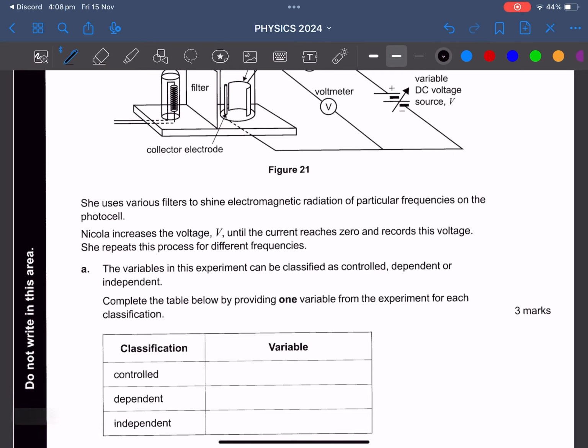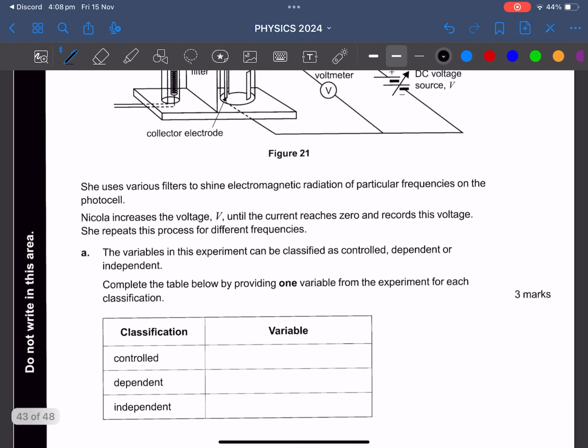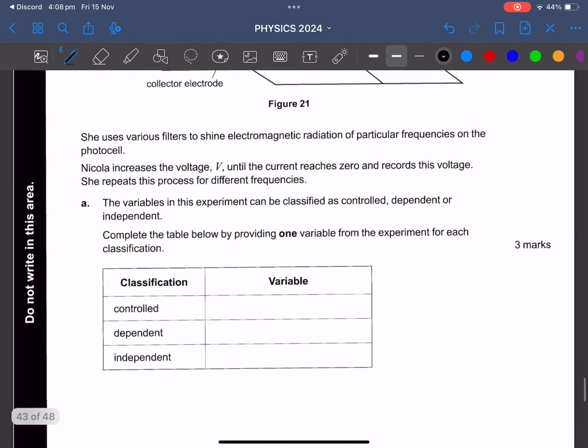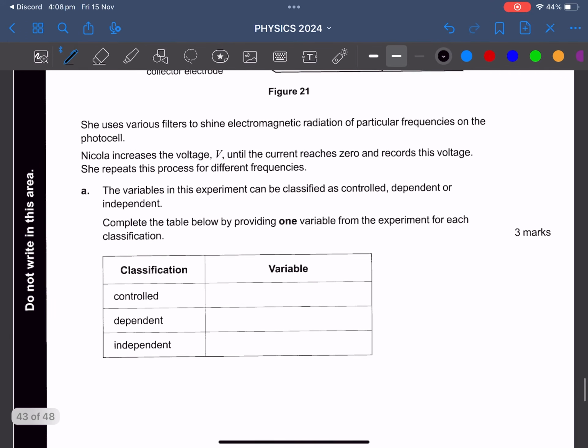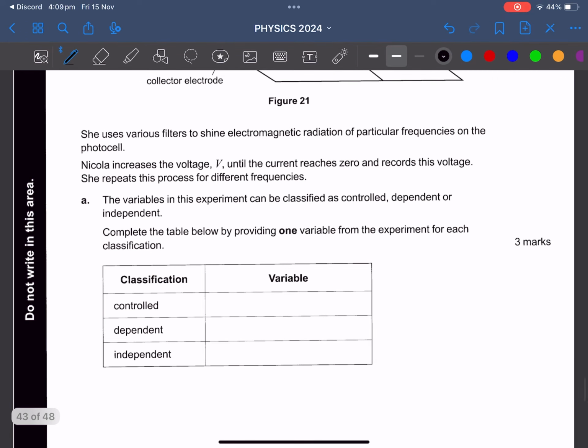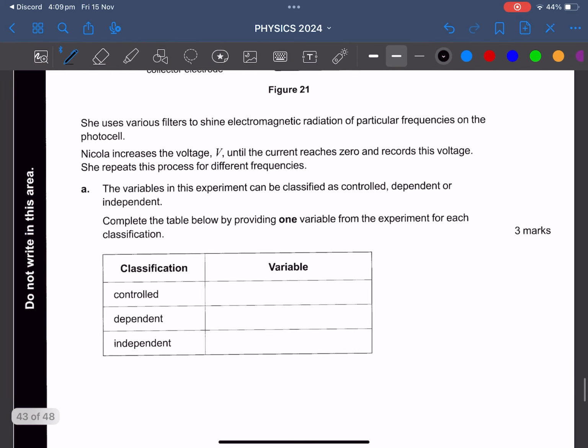Until the current reaches 0. Okay. So I guess dependent is voltage.